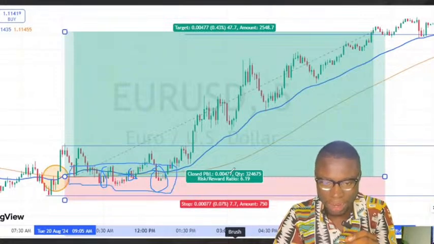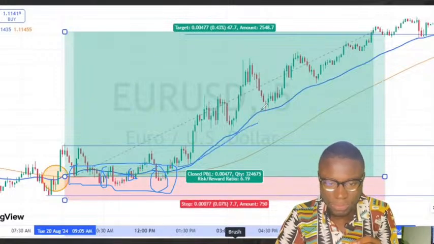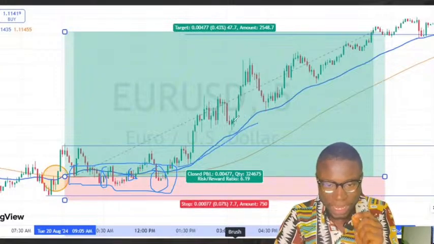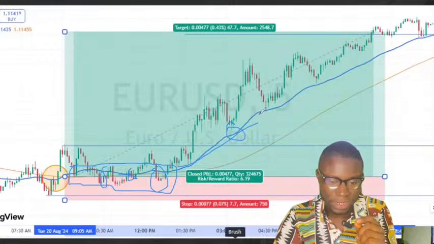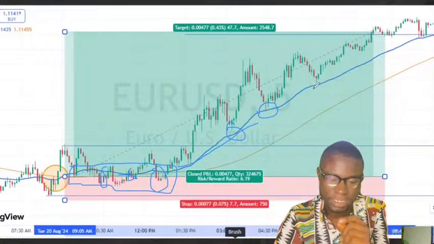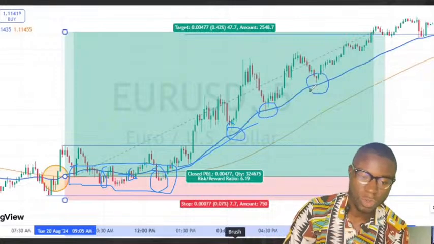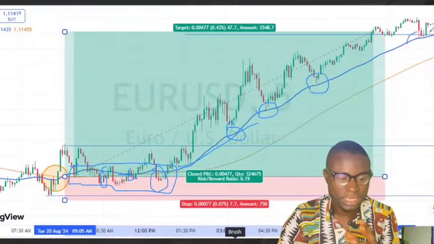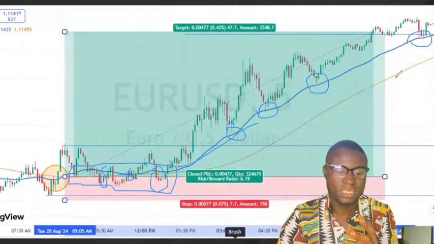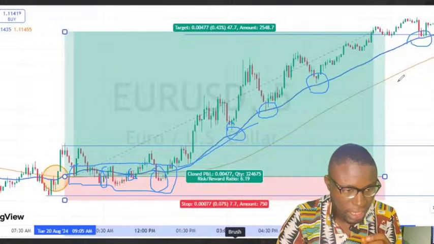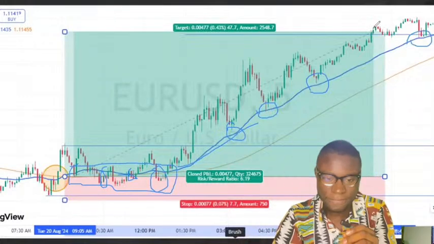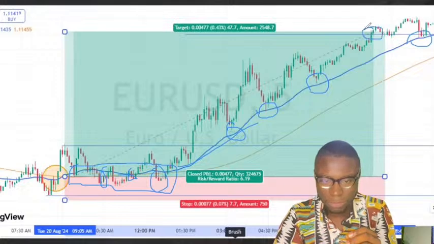So you can see after that price began to move. You can see here it respected the blue moving average, also respected the blue moving average, and at about this point it also respected the blue moving average. Same thing here. So the blue moving average was our trailing stop until price came here and smashed our TP.